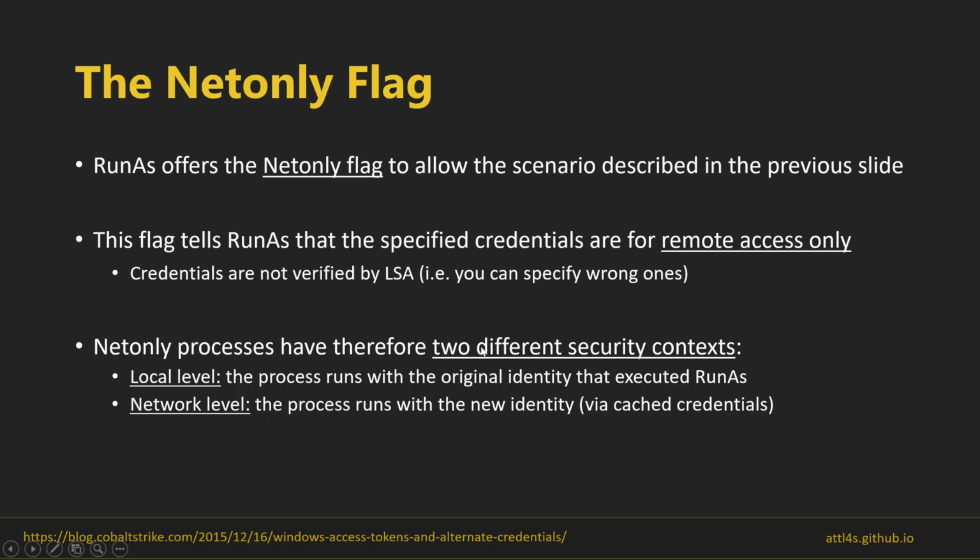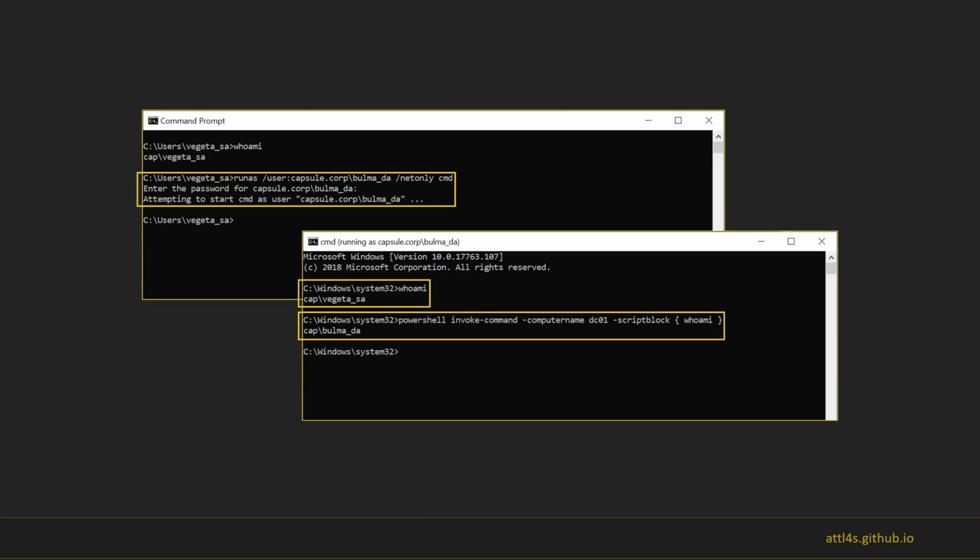So the key thing here is that a process created with runas netonly is going to have two different security contexts. At the local level, the process is going to run with the original identity, so as Vegeta. But on the network level, the process is going to run with the identity of the credentials you have provided, Bulma. All right?